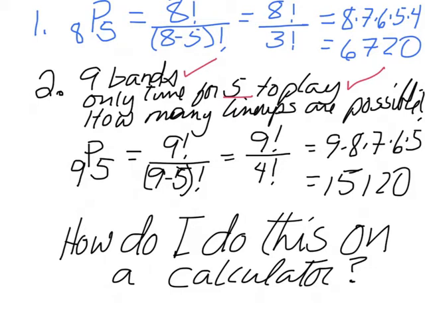As you work through it, you end up with 9 factorial over 4 factorial, which multiplies out after you cancel the 4 factorial, and your final answer is 15,120.